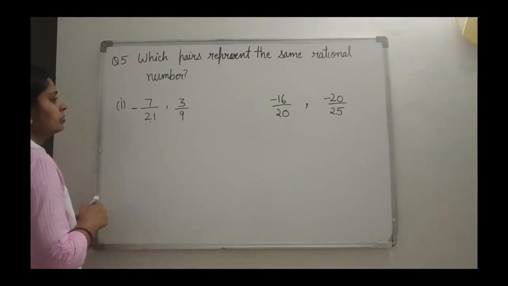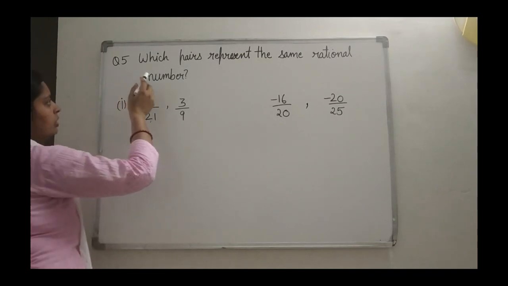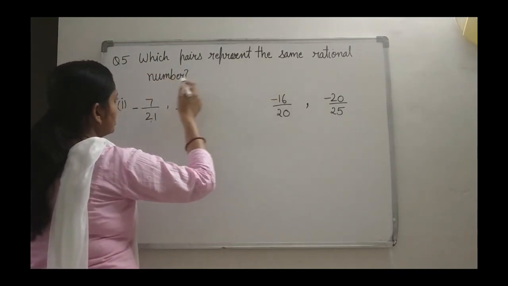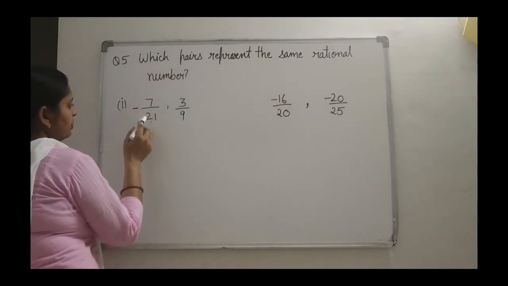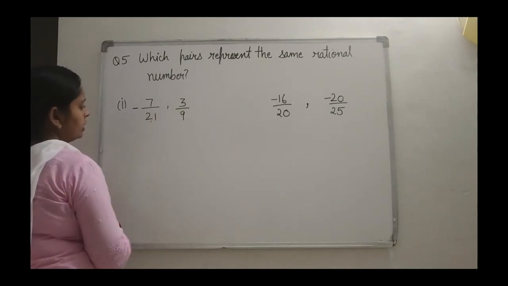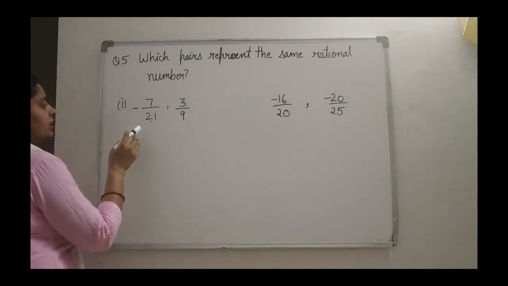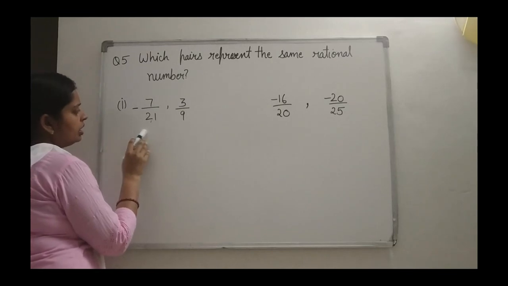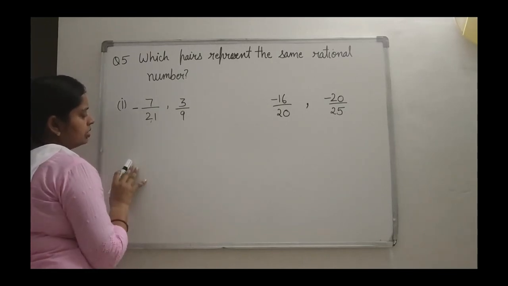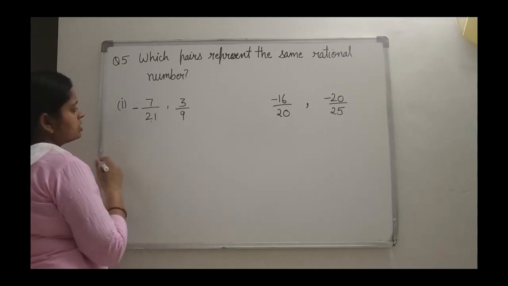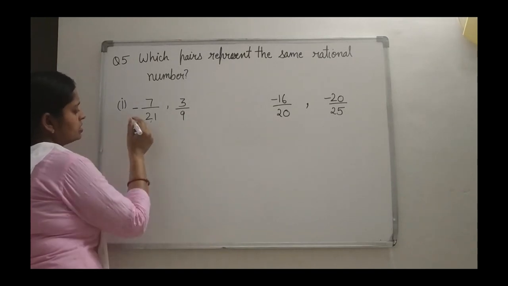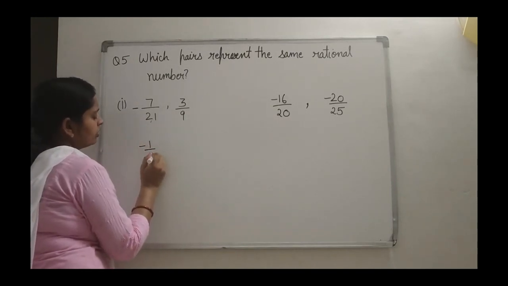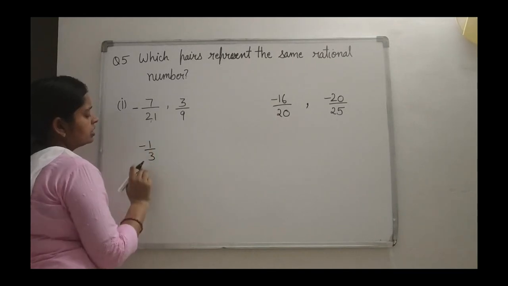Okay. Now the next question is, which pair represents the same rational numbers? Minus 7 upon 21 and 3 upon 9. You can see here that this is a negative rational number and this is a positive rational number. Although if we go for the lowest term, this is minus 1 upon 3, because 7 ones are 7 and 7 threes are 21.